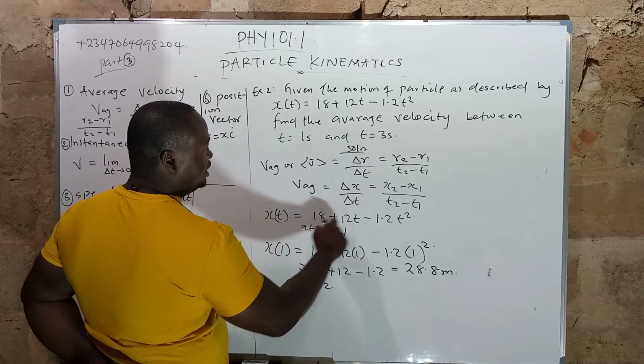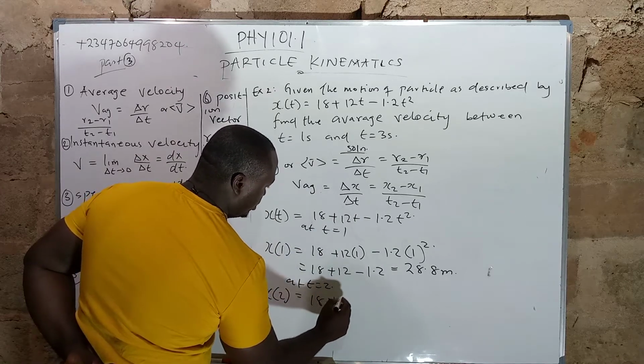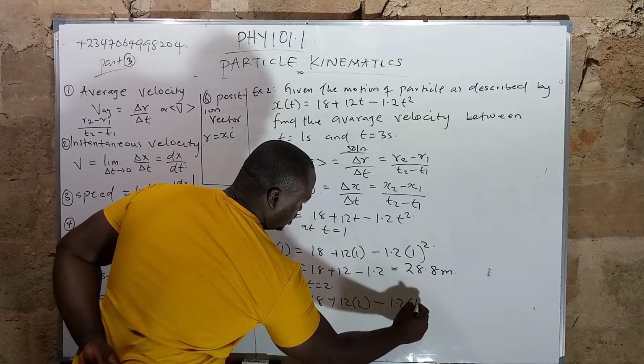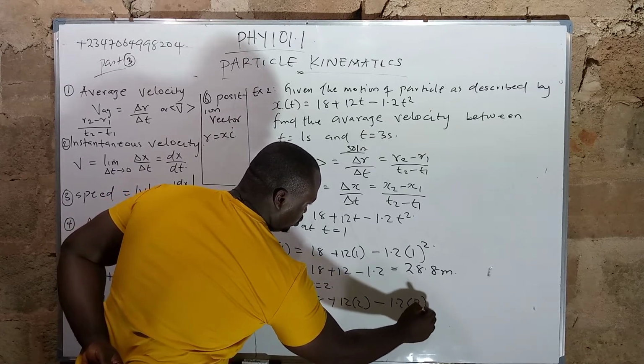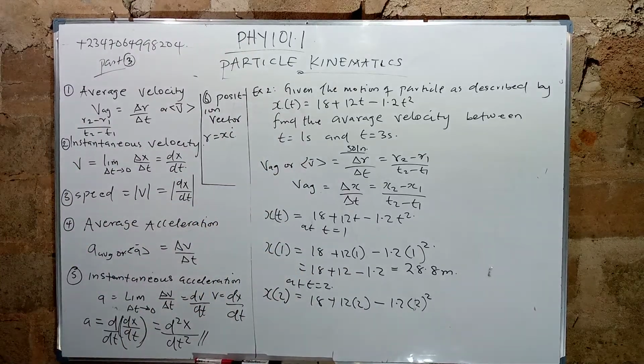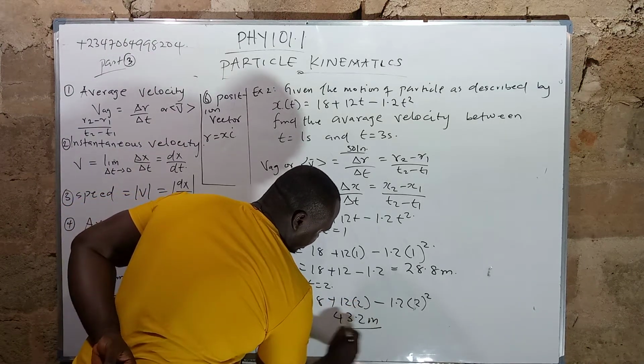Wherever you see t in this equation, replace it with 2. So you have 18 plus 12 times 2 minus 1.2 times 2 squared. If you punch it in your calculator straight, so we don't waste much time, what you will get here is 43.2 meters.